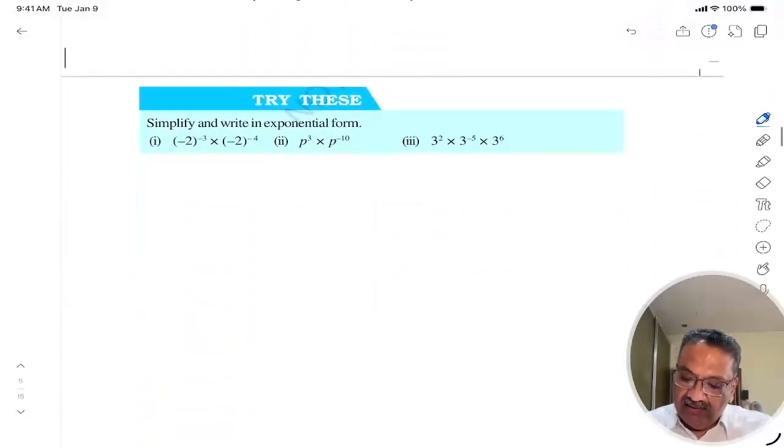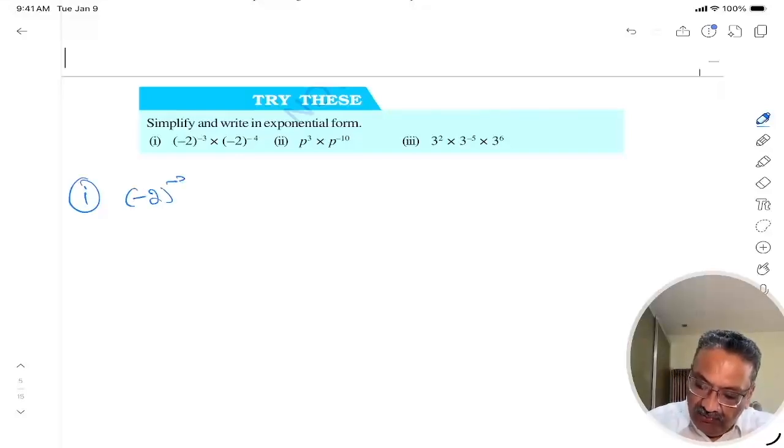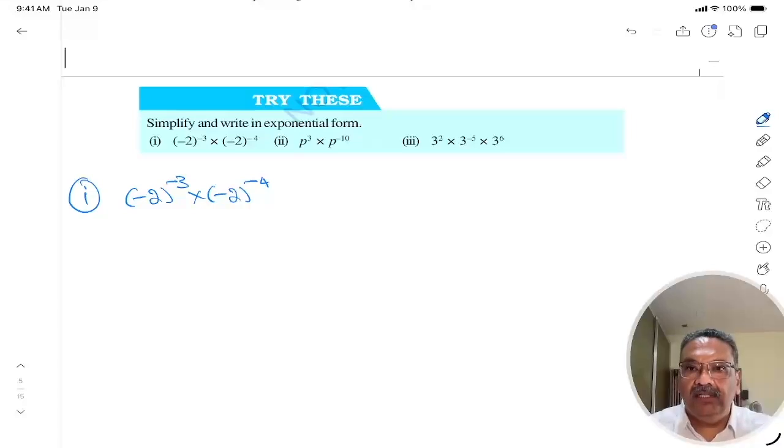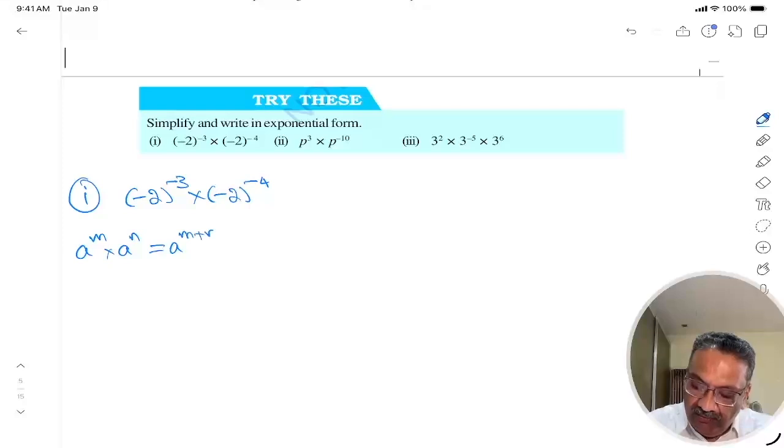Okay. Simplify and write in exponential form. First one we have minus 2 to the power of minus 3 into minus 2 to the power of minus 4. Which formula will we use here? You observe that the base is the same in both, only the exponent changes. So we use the formula a to the power of m into a to the power of n is equal to a to the power of m plus n.